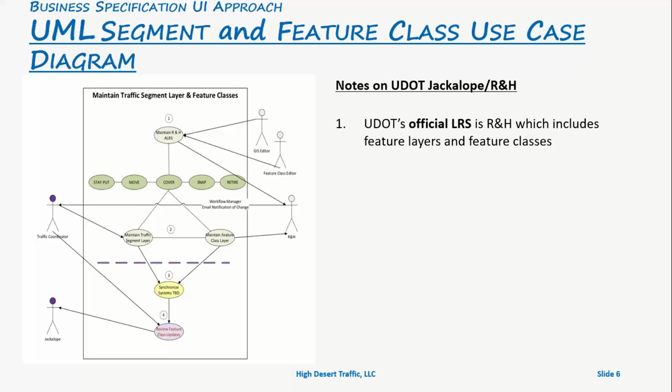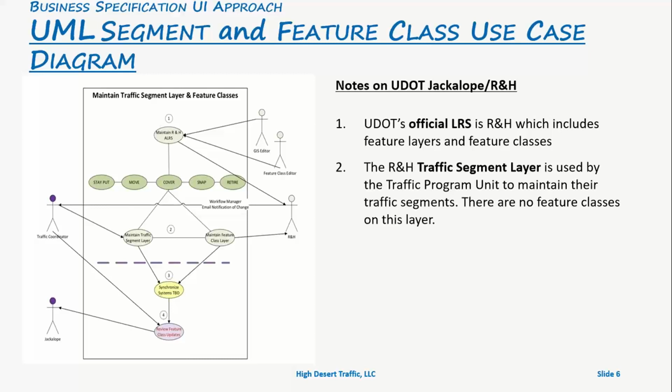So kudos to the ones who have been able to do it, or some of the other ones who are using XOR or Agile Assets. It's a huge feat to bring it in, let alone interface it with other areas. Nevada mentioned they already have HPMS in there, and they're really looking at how they're going to leverage it for their traffic data unit. So that's a note for UDOT, it's their official LRS.